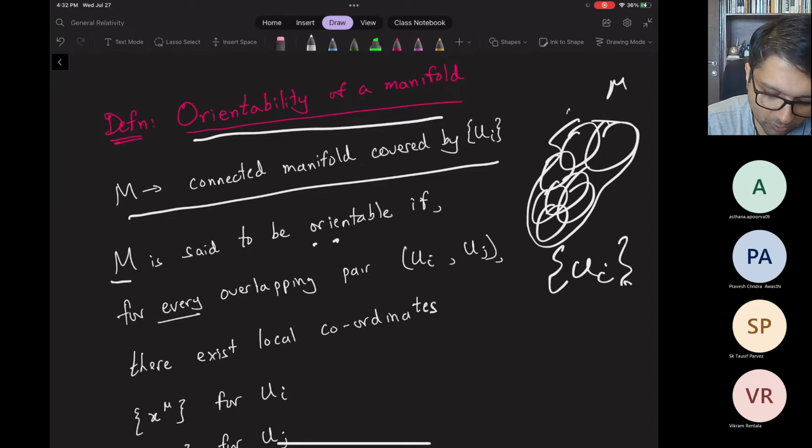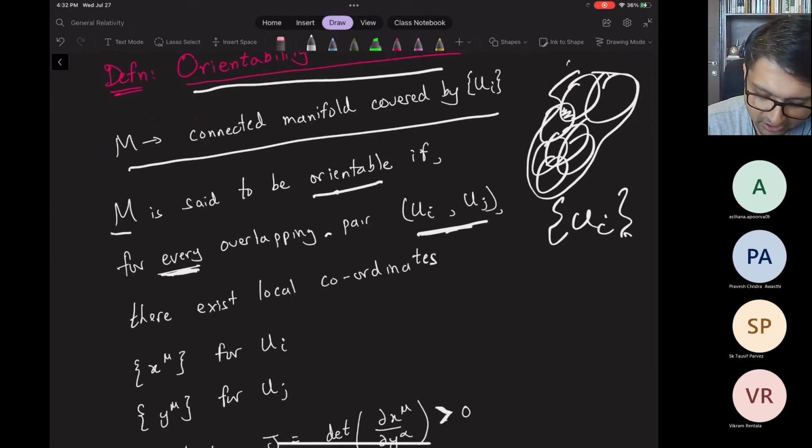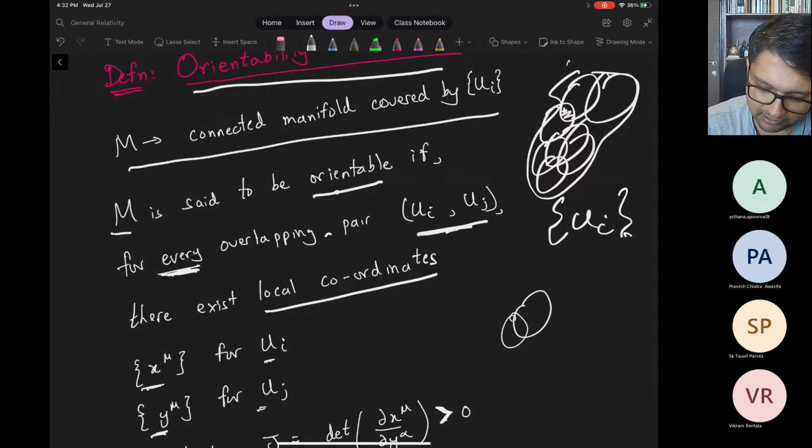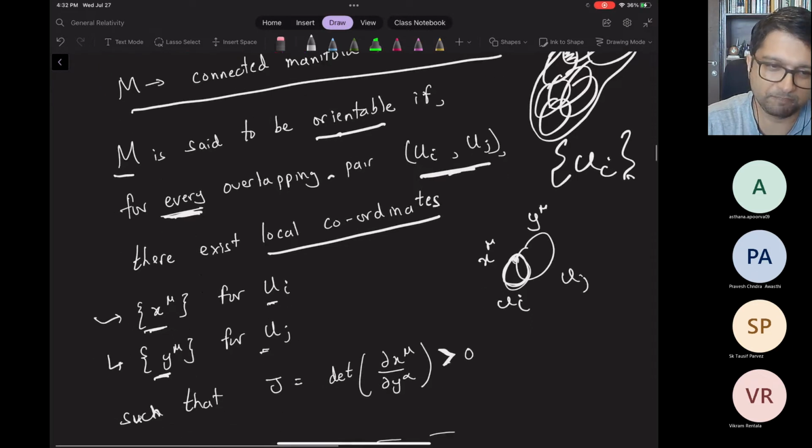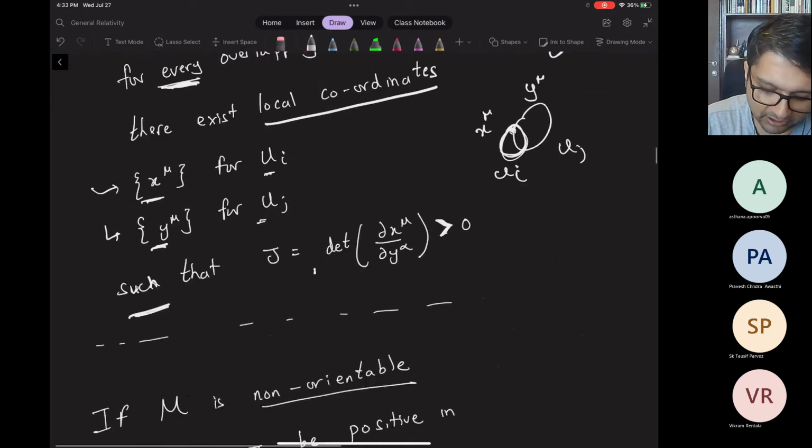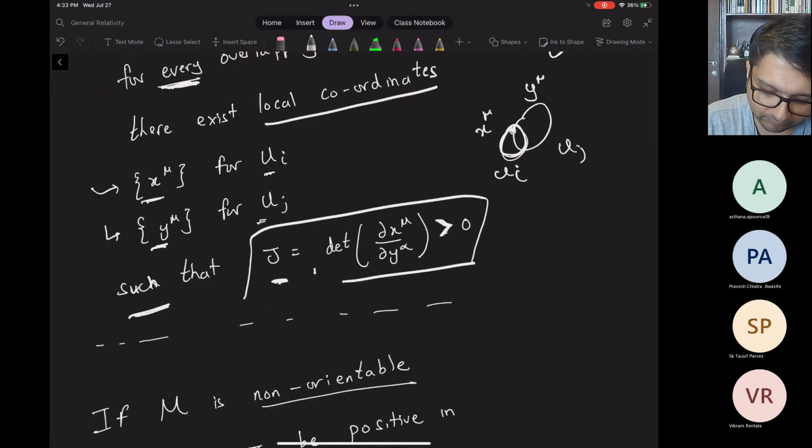M is said to be orientable if for every overlapping pair U_i and U_j, there exist local coordinates x mu on U_i and y mu on U_j. That is, if I take any pair, I can find a set of coordinates x on this patch U_i, and a set of coordinates y mu on this patch, such that the Jacobian is positive.